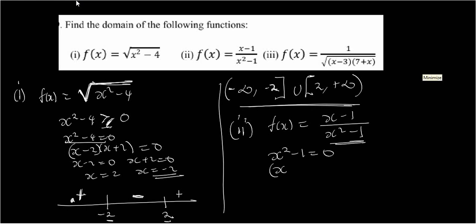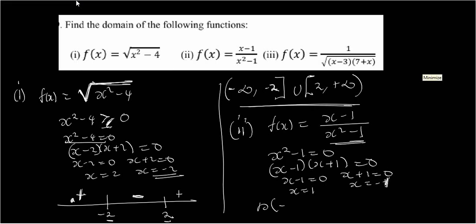That's the difference of 2 squares, so x minus 1 equal to 0, then x plus 1 equal to 0. So x is equal to 1, then x is equal to negative 1. In short, the domain is from negative infinity to negative 1, union 1 to positive infinity. That's how you answer this type of question.